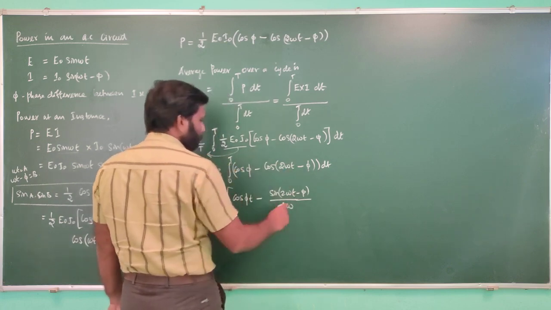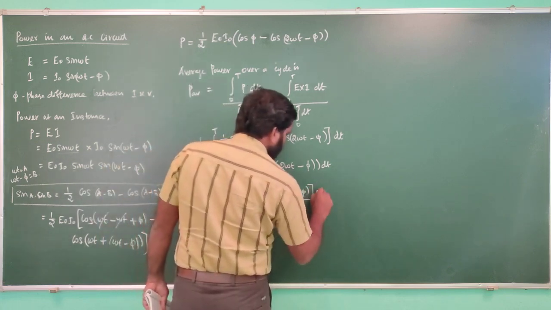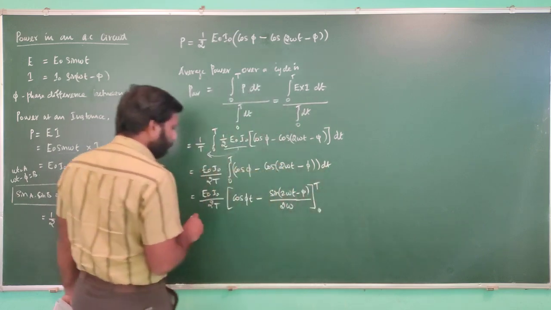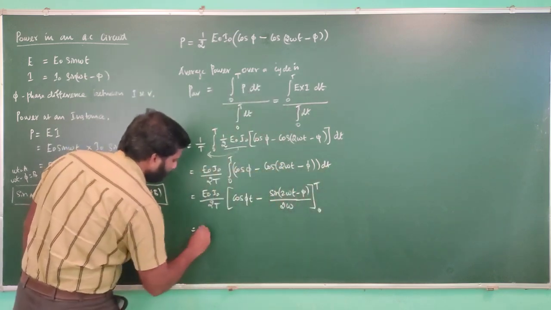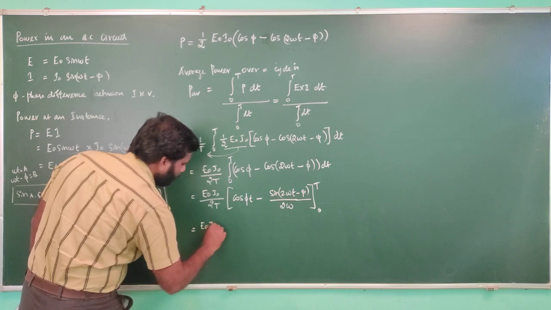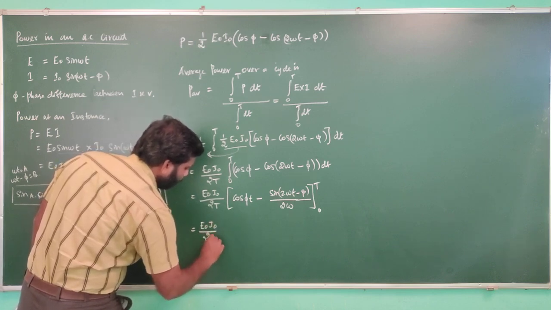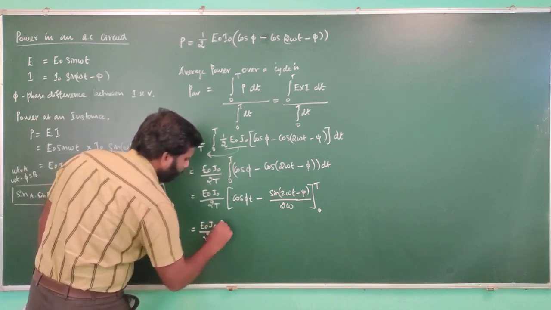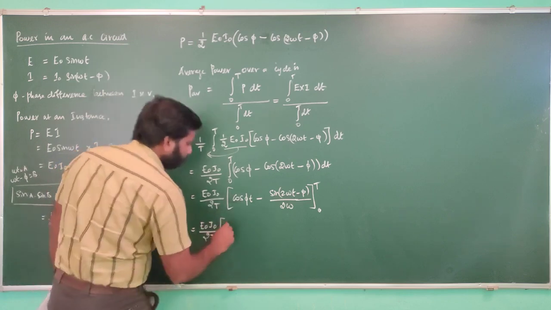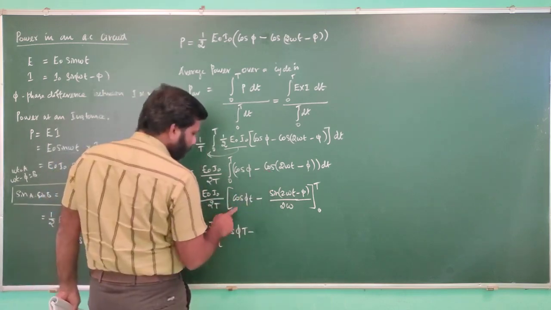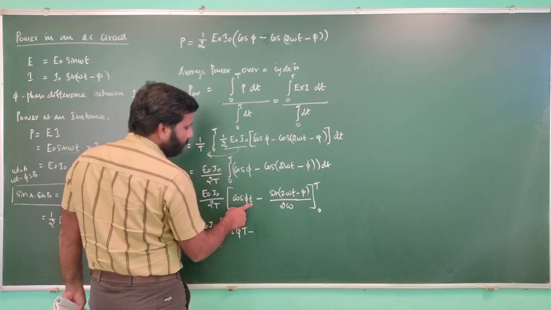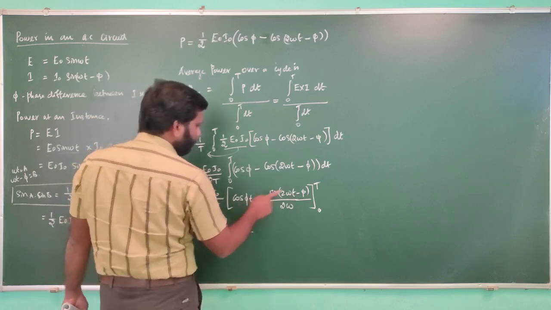Now we can apply limits. So with E naught I naught by 2T, we apply the limits: cos pi, in the place of t we apply capital T.